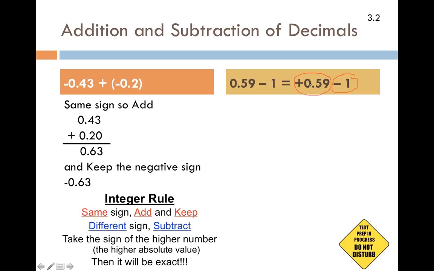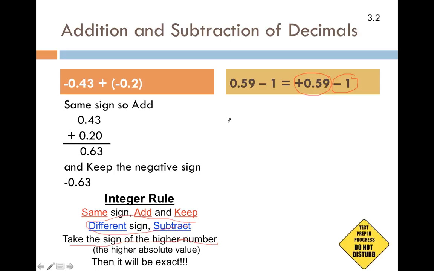And that's how we would come up with the 41 cent. But look at this rule down here at the bottom for integers. It says if the signs are different, we're going to subtract, and then we're going to take the sign of the higher absolute value. Okay, so the 1 is larger than the 59 cent. So that's why the ultimate answer is going to be a negative answer.